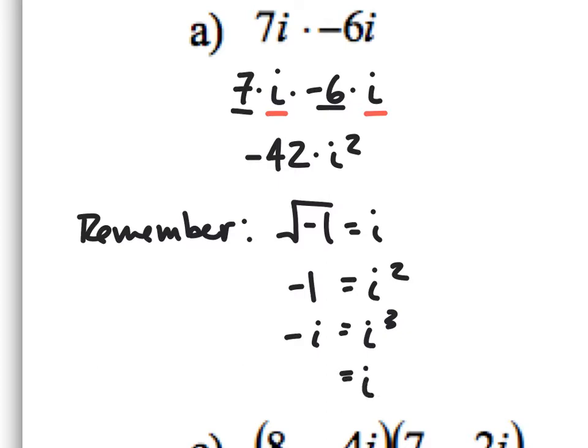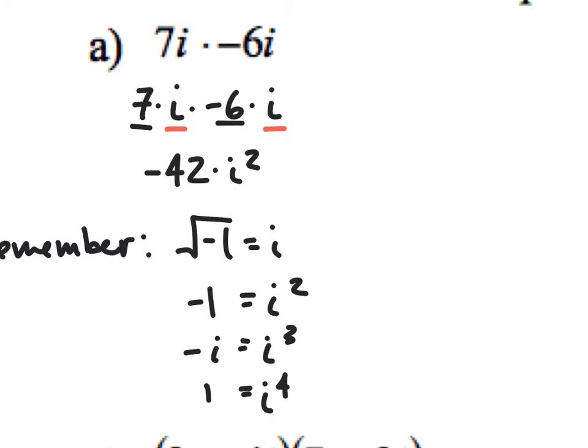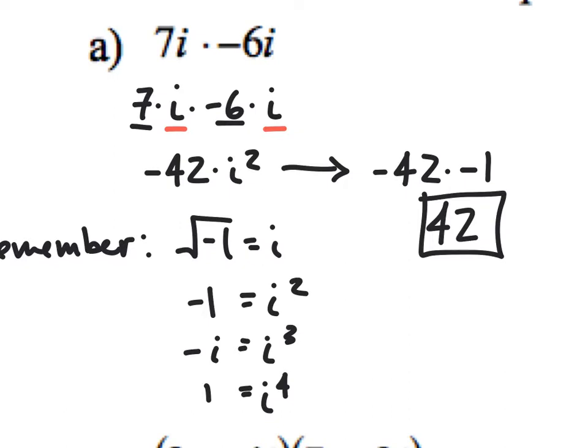And if I raise i to the 4th, it gives me positive 1. So here's what I've got: negative 42 times i squared. Remember, i squared is equal to negative 1. So my next step is to take negative 42 and multiply it by negative 1, and that gives me positive 42. Okay, let's take a look at the next one in part B.